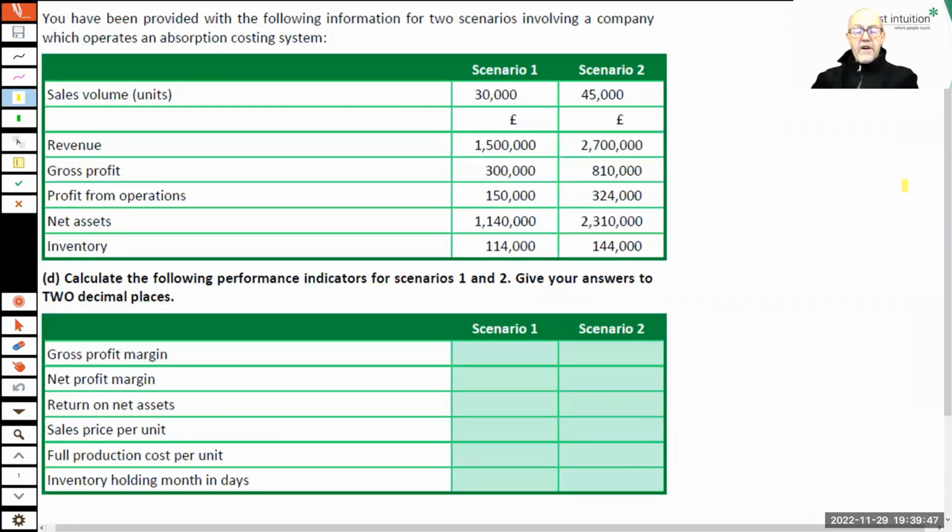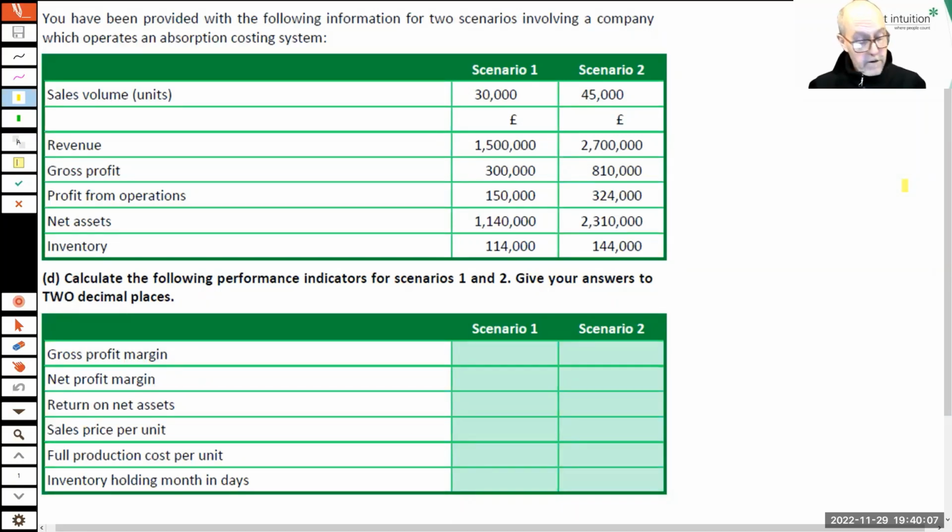You have been provided with the following information for 2 scenarios. Should be scenarii really, but that's the world we live in. Involving a company which operates an absorption costing system. Scenario 1, 30,000 units. Scenario 2, 45,000 units.